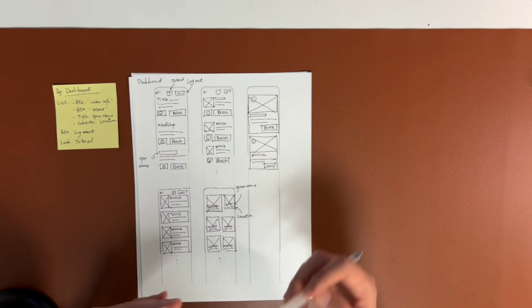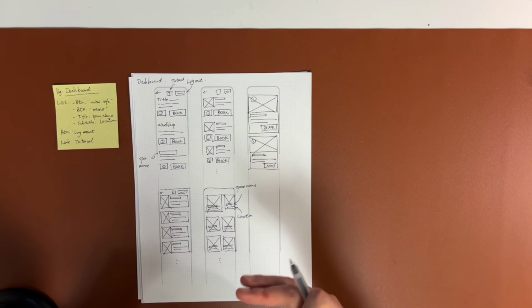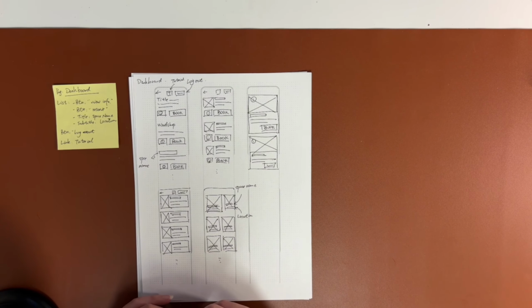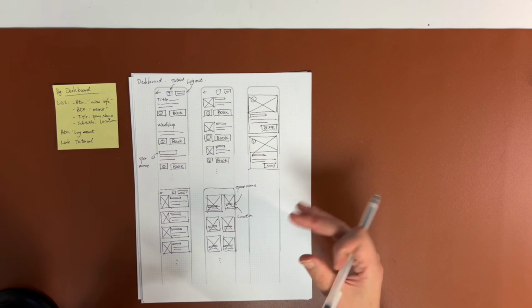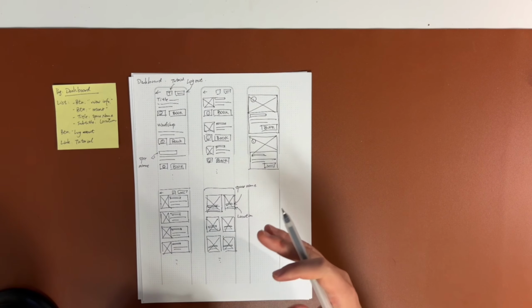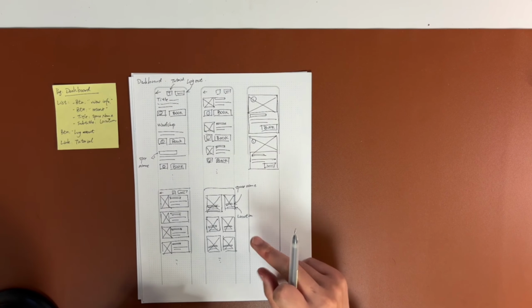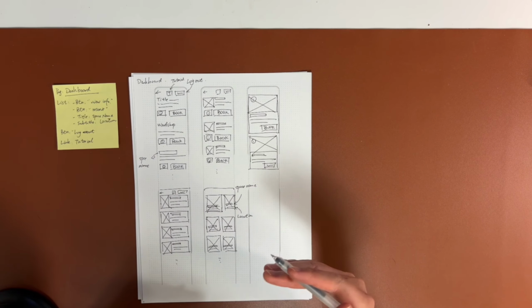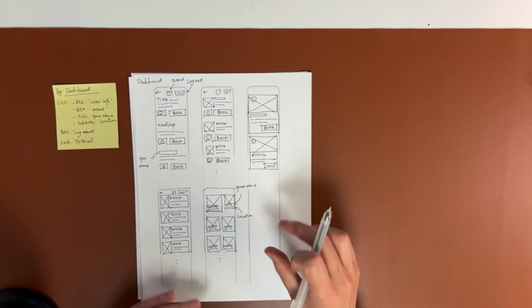So maybe I could add some frequently used spaces on top of the screen, and then every time the user needs to use it, they can just make a quick action here.